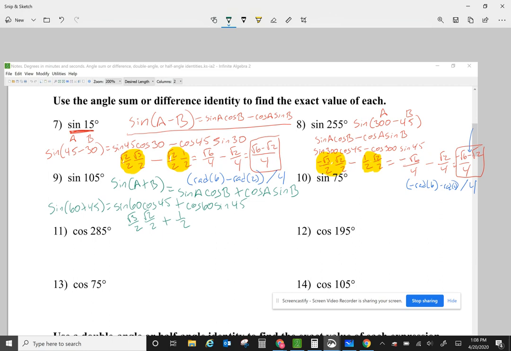Sine of 45 is radical 2 over 2. Let's multiply out. That gives me radical 6 over 4 plus radical 2 over 4. Good thing is that my fractions have a common denominator. So I have radical 6 plus radical 2 all over 4.